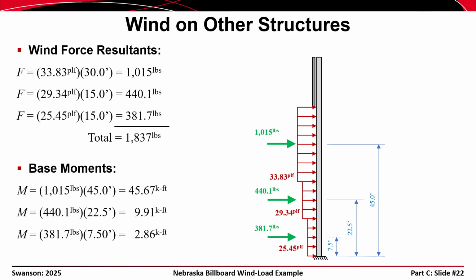Similarly, the moments that the second and the third force resultants create about the base of the post are 9.91 kip feet and 45.67 kip feet, respectively. The sum of these three moments is equal to 58.44 kip feet.